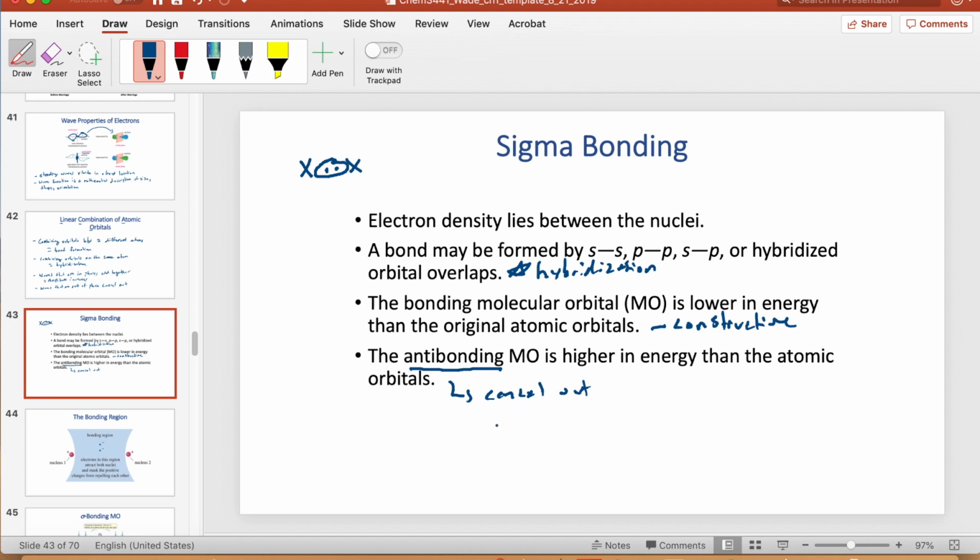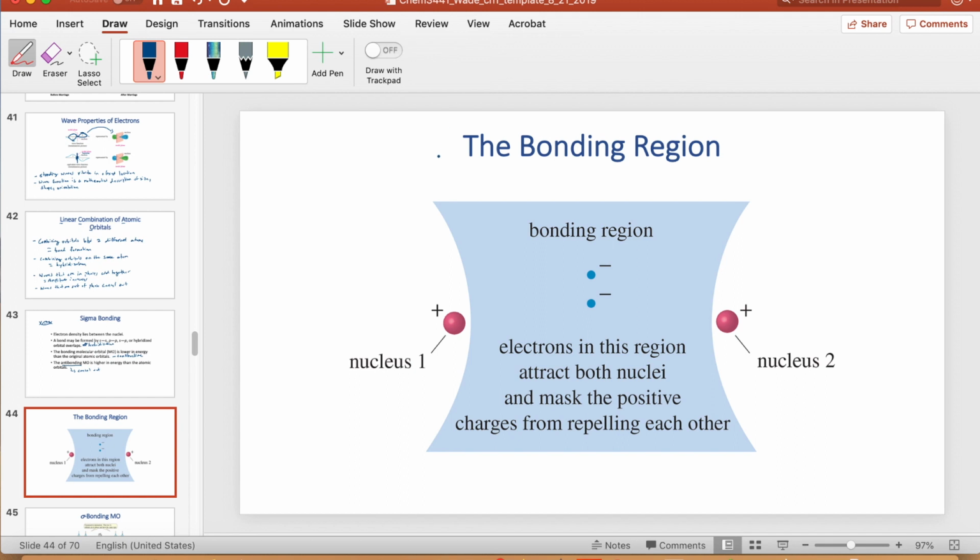Okay, so let's look at an overall picture of what we're talking about. This would be the X from the other slide, and this will be the other X that we had. Within this region, we have this bonding region. Those are where our electrons are going to be. The electrons here are attracted to the nuclei, and it also pulls the nuclei together, so that we don't have repulsion from the two positive charges of the nuclei.